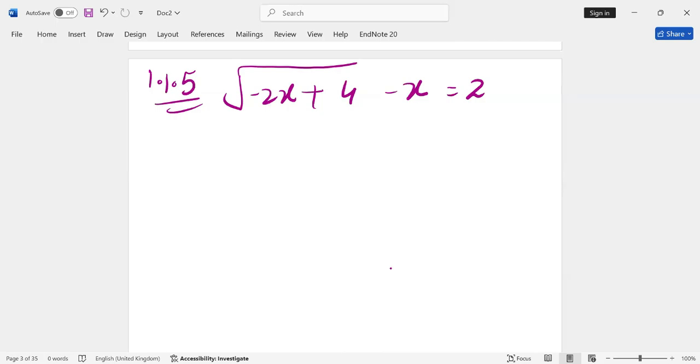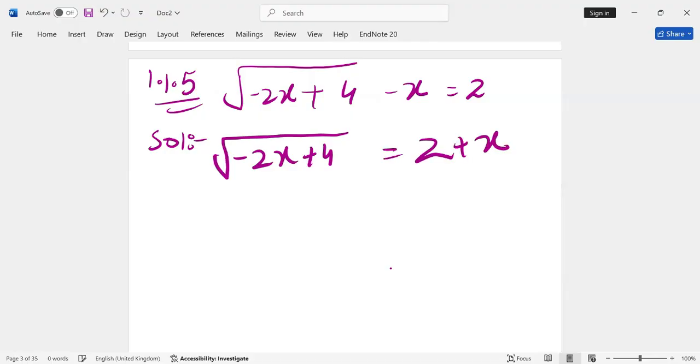So isolate the radical on one side. We have the square root of minus 2x plus 4 equals 2 plus x. Now squaring on both sides, we get minus 2x plus 4 equals (2 plus x) squared.